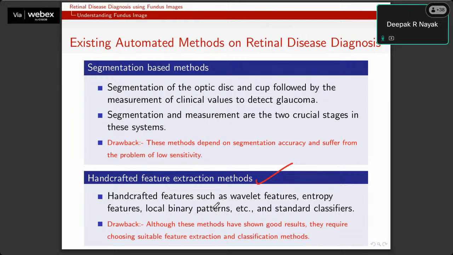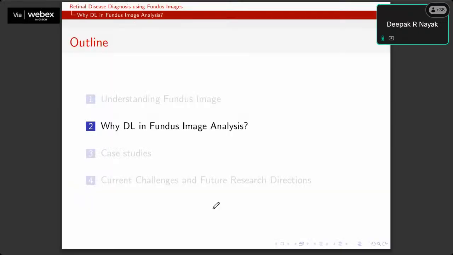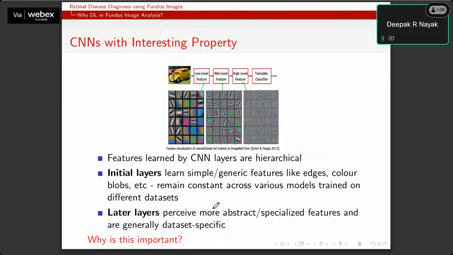Even the early research on retinal disease diagnosis was based on machine learning approaches. Only later did people move from machine learning to deep learning, when deep learning became very popular. We'll see these things in detail, and why deep learning is so popular. We have already discussed the role of deep learning and the effectiveness of deep learning models over machine learning models, and we have also seen the properties of convolutional neural networks, what they do in the initial layers and what they do in the later layers.